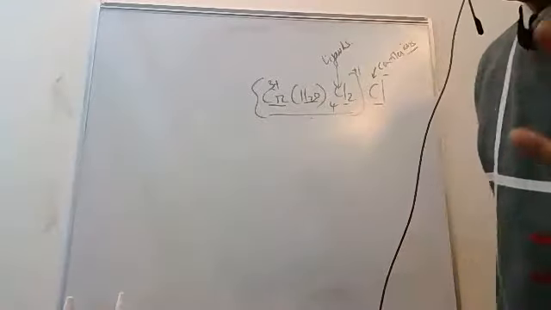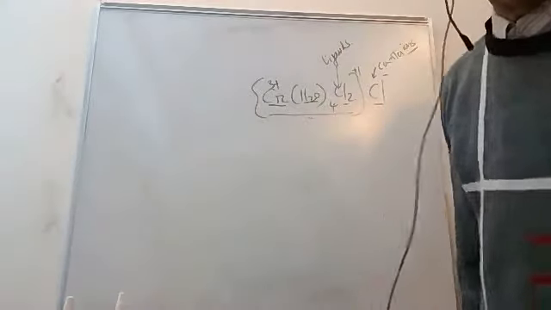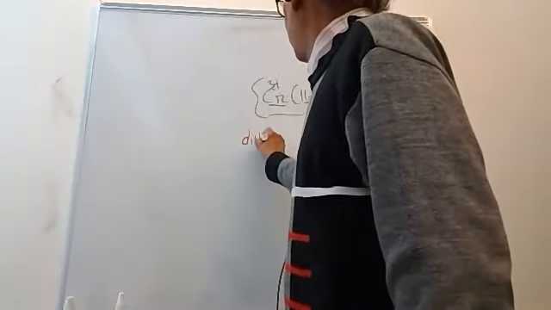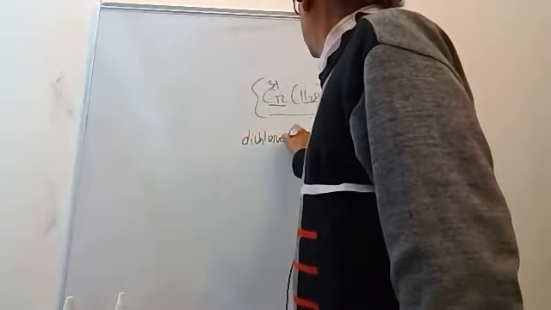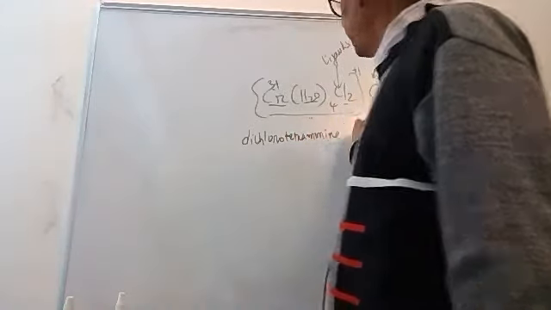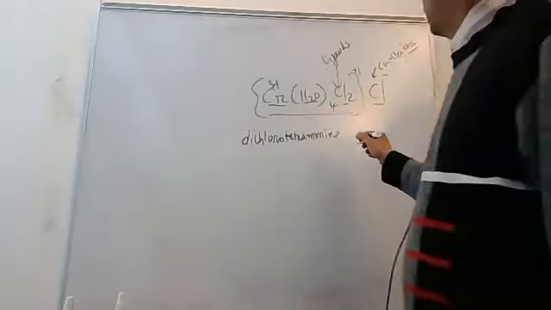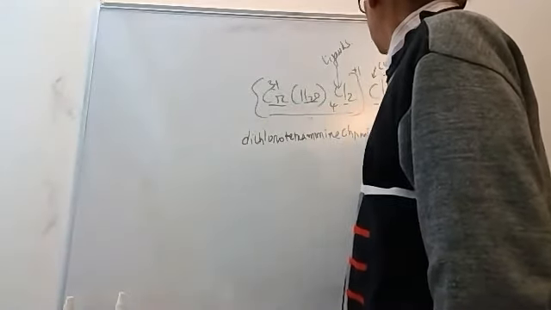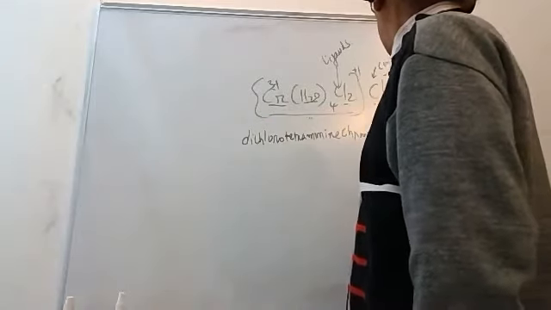You don't have to say how many chlorides there are. Monochloride is not necessary. All right, so let's name this: dichlorotetraaqua chromium 3 chloride. You see, everything is written in one line.